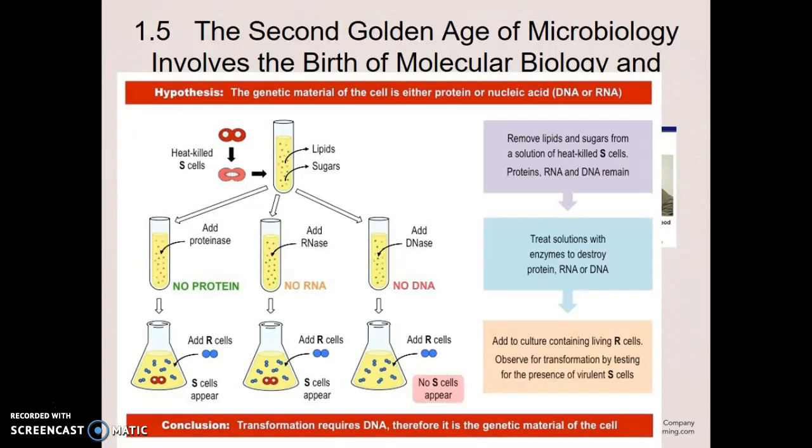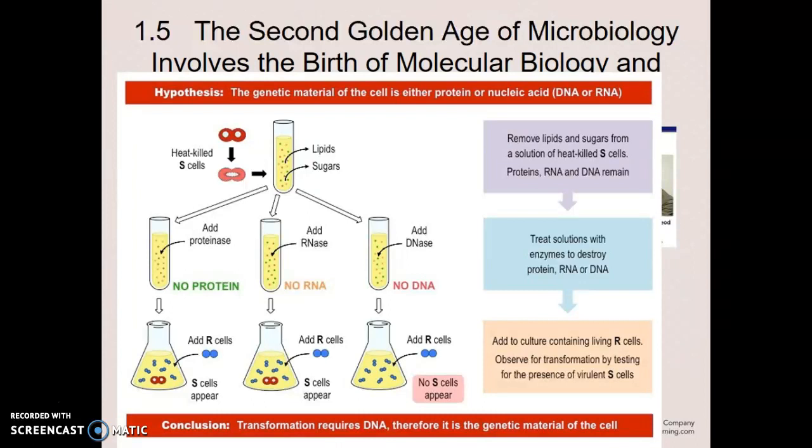Once that was done, they then added living rough cells to each of the solutions. In the solution that had proteases added, you had living smooth cells appearing that they were able to isolate.